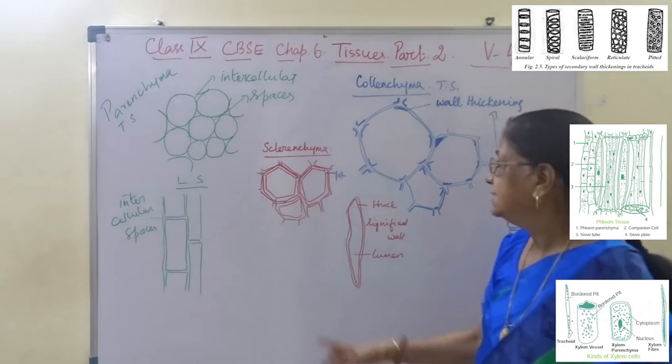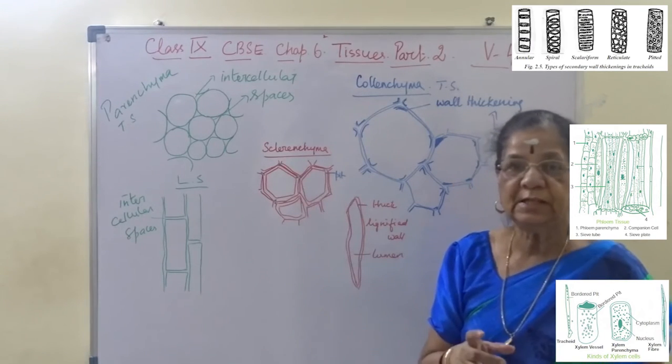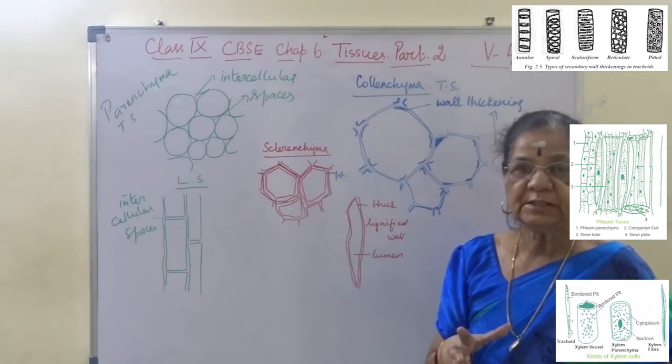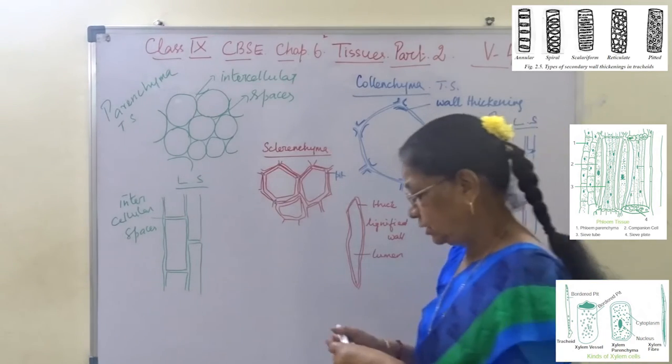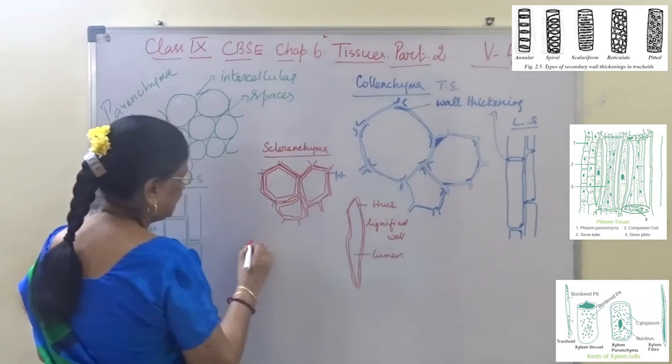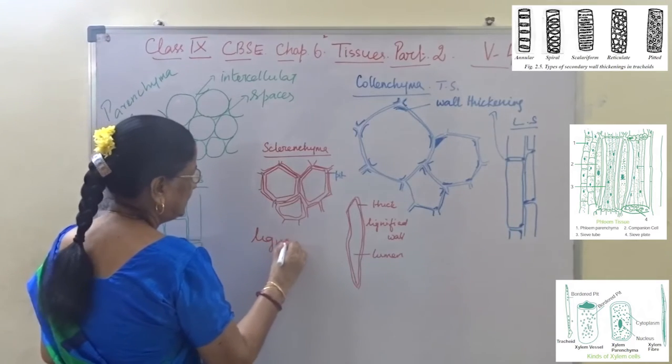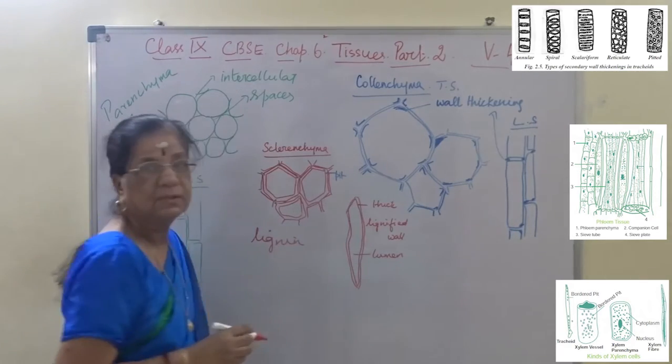The entire sclerenchyma tissue will have a hard, thick, lignified wall.